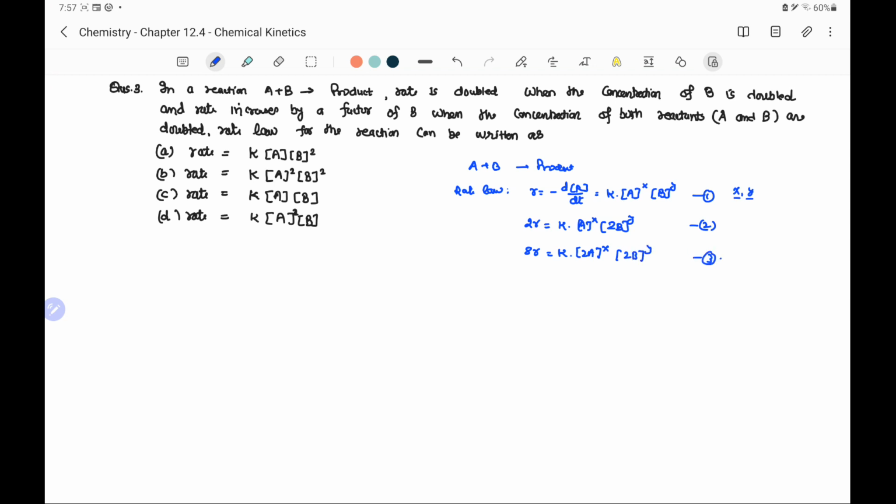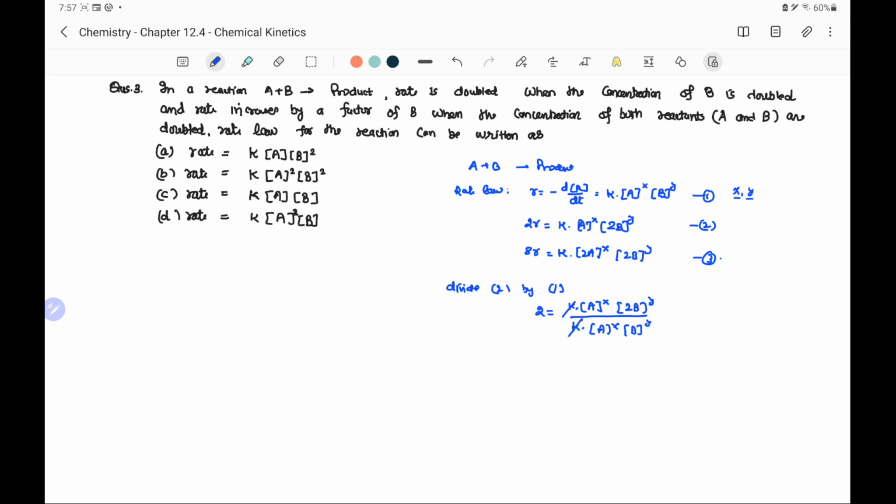So first we have to find x and y. To find x and y, first divide 2 by 1. We get 2 equal to K into A raised to the power x and 2B raised to the power y, divided by K into A raised to the power x, B raised to the power y.